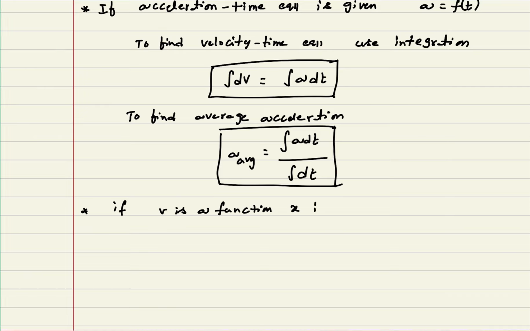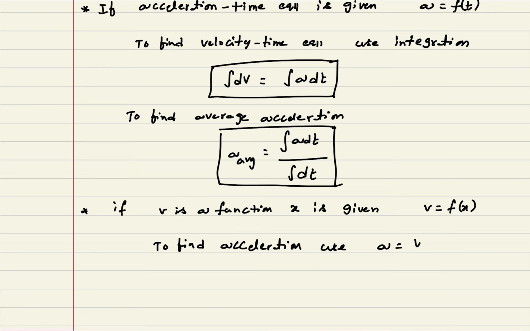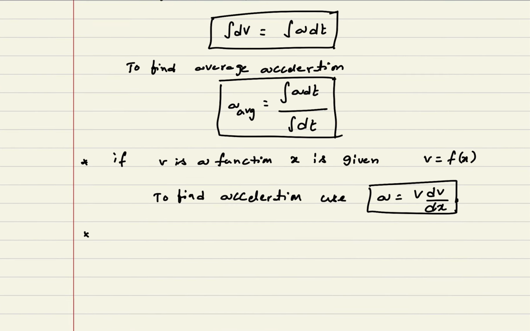Next, if v is a function of x is given, velocity position equation is given, to find acceleration, use a is equal to v dv divided by dx.